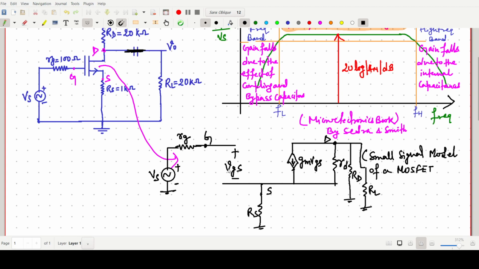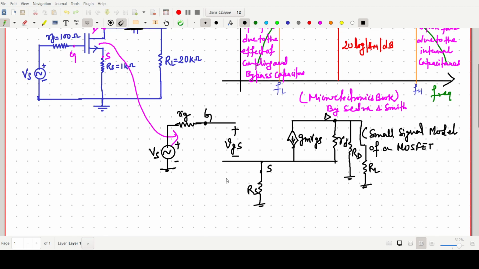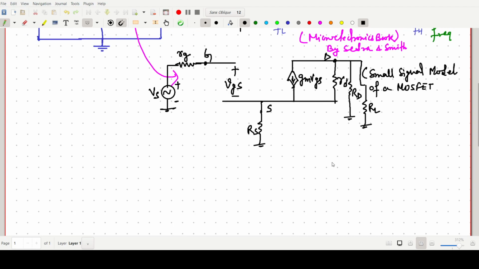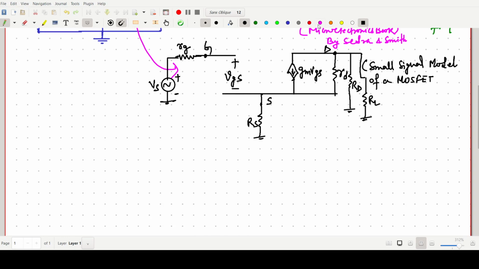Is it okay? Now once again, I want to modify this small signal model, so once again I am going to redraw the circuit. Here I am drawing the RG.